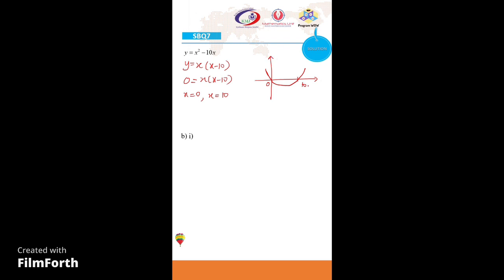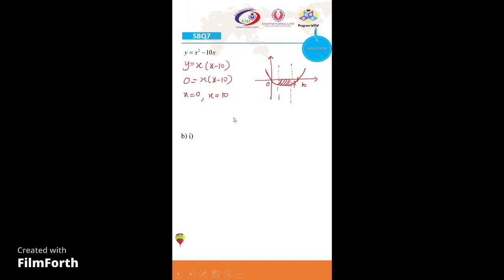Okay, then the area is bounded by x equal to 2 and x equal to 7. So that is your area, the region shaded.